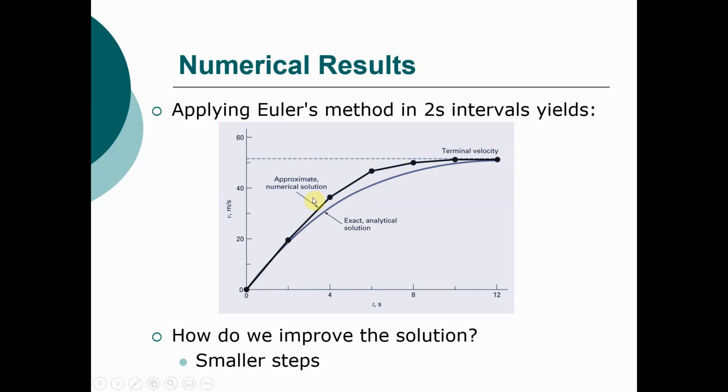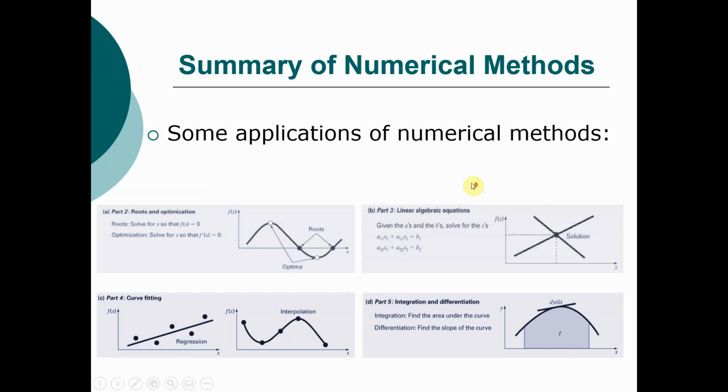Okay, and if you want to make this numerical approximation more precise and more accurate, we can just reduce the time step, right? So instead of having a wider time sample, we can reduce the step size. By doing so, we can get closer to the exact analytical solution.